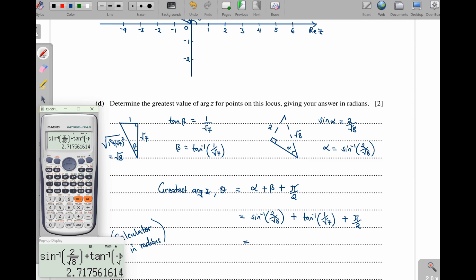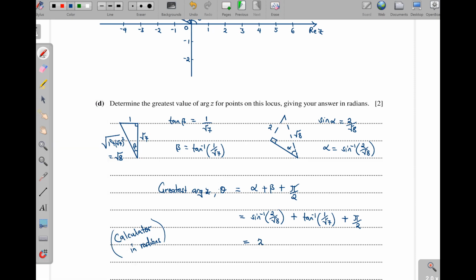This one will give us 2.72. This answer is in radians, and it is to 3 significant figures, and that is that.